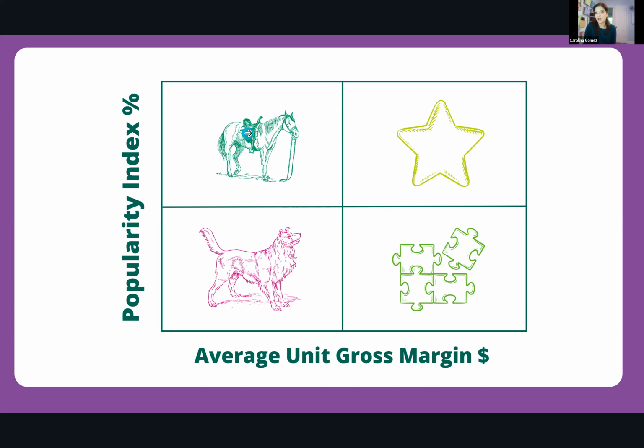It's going to stay a plow horse until I can figure out how to keep the quality the same and the price down. But once I get the price down, if I'm able to negotiate it, then it's going to become a star. Because a star is something that's very popular and you make a lot of money on it. You make a profit and it's popular.